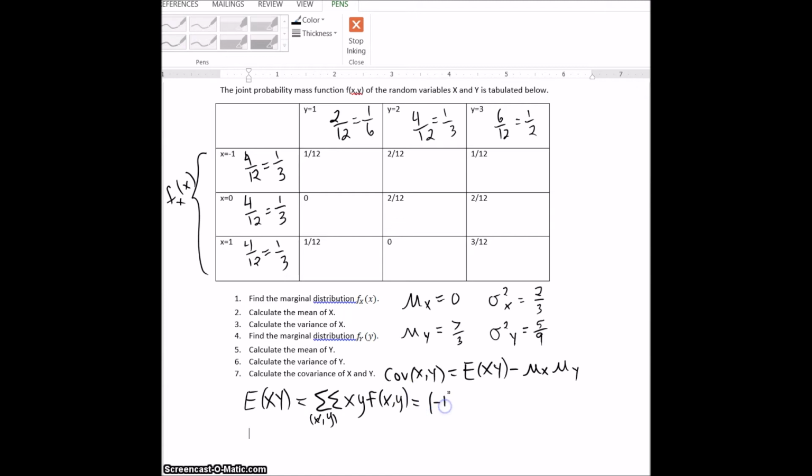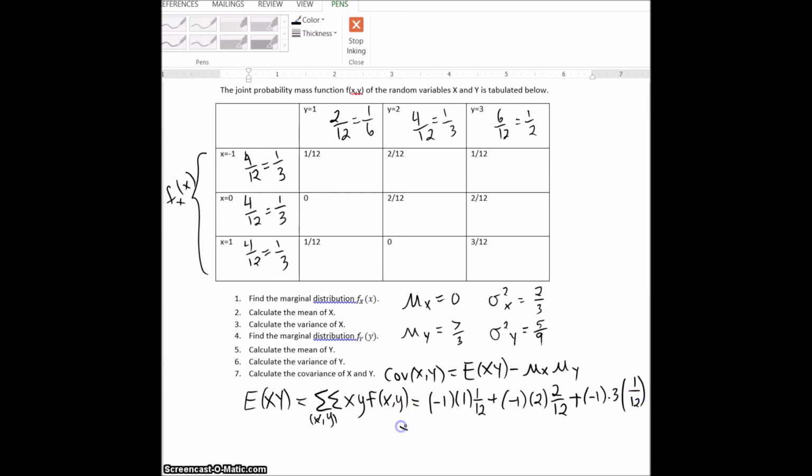I'm going to have -1 times the probability that x is -1 and y is equal to 1. That's 1/12. Then I move on. Okay, I can have -1 and 2. -1 times 2 times the probability associated with that combination is 2 out of 12. And I move on, -1 and 3, multiply them, and then multiply by the probability of that combination, 1/12.